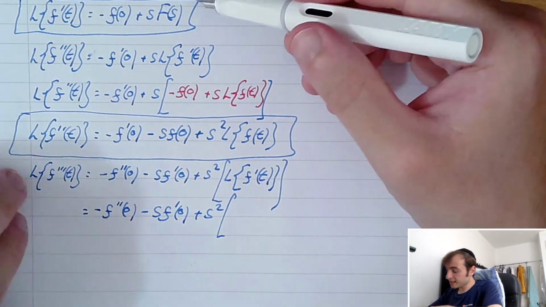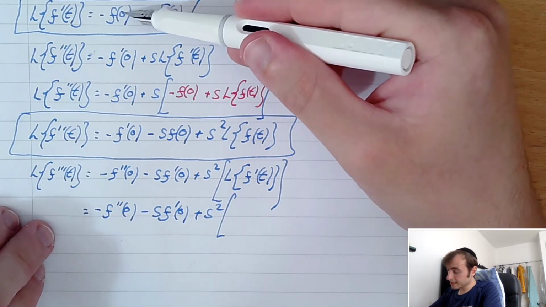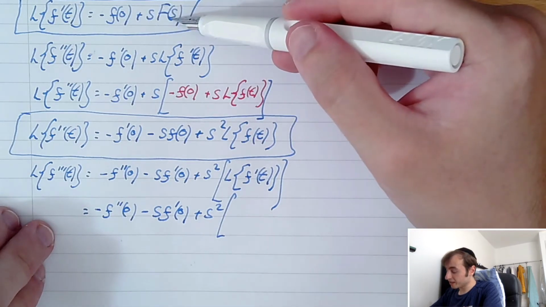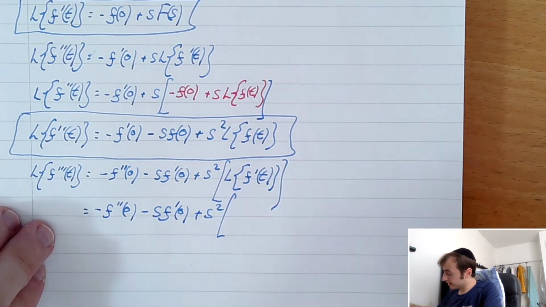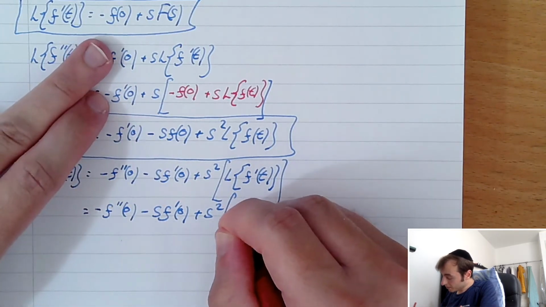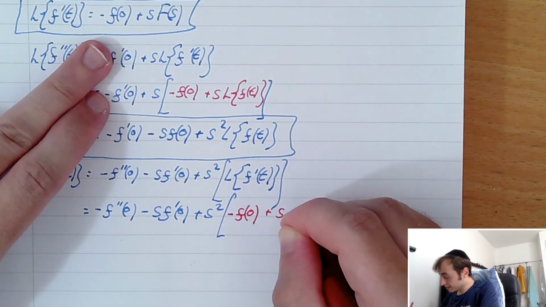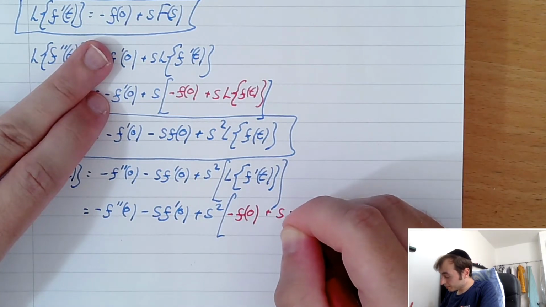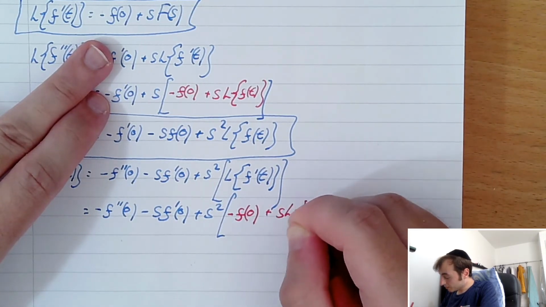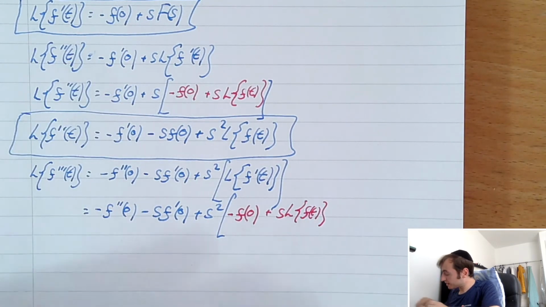So we can see here f prime t is minus f naught plus s F of s. So let's just replace that again. And again, I'm going to do that in red to make it clear: minus f of naught plus s times the Laplace transform of f of t. Or you could just say F of s.